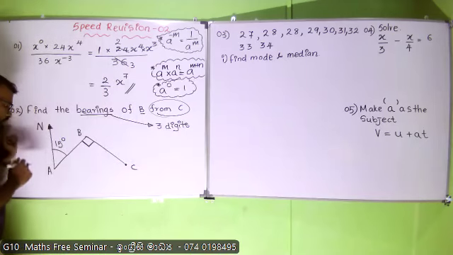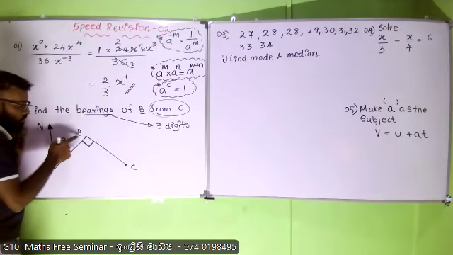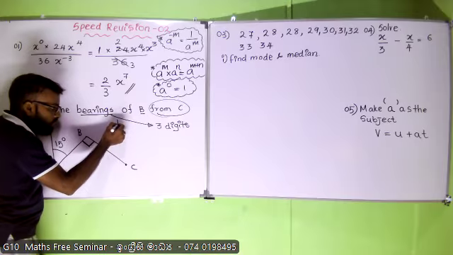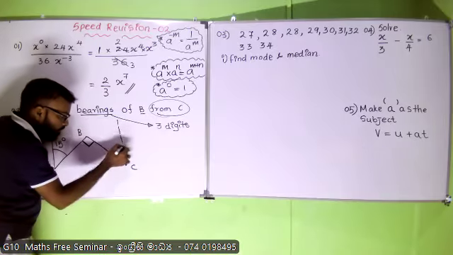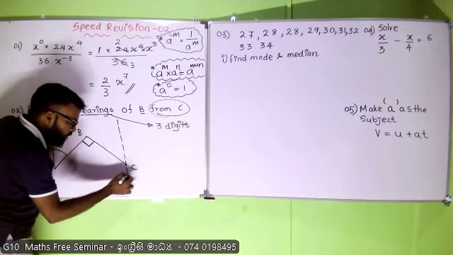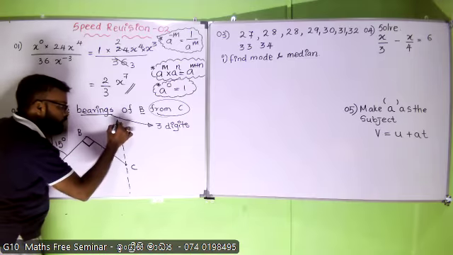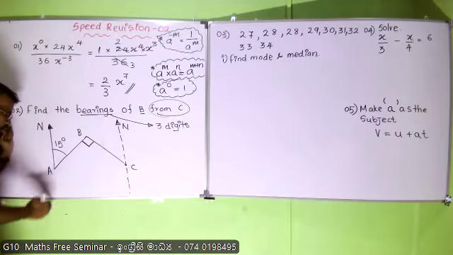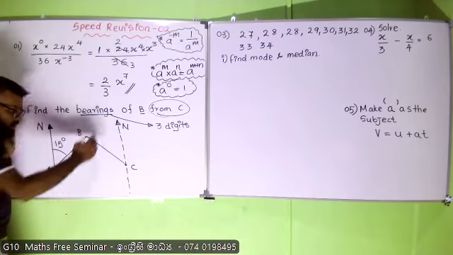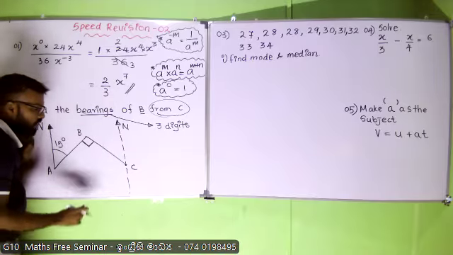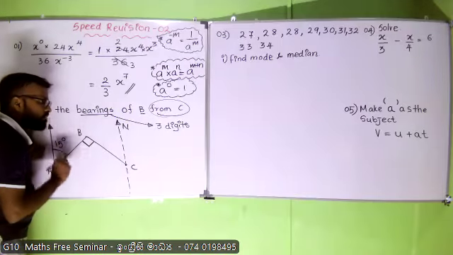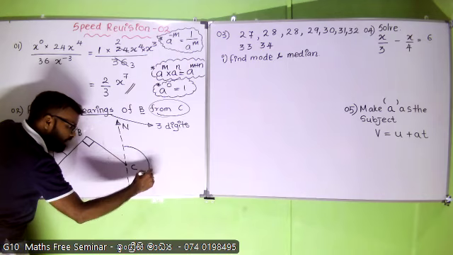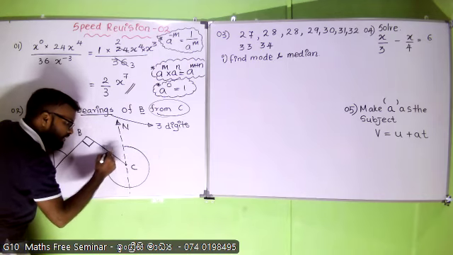So from C, I am going to draw my north line. This is north, and this is north. These two lines are parallel. If you want the bearings of B from C, this is the angle you are going to find, this reflex angle.